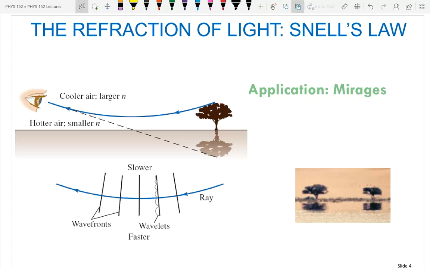I remember as a young sprout, like 6 or 7, we're driving across the Mojave and it's hot as blazes. And I look up ahead and I see water on the road. And I'm like, sweet, we're going to have a little cooler in here. And we drive on, and we don't get to it. It drives me crazy because I want to get to that water, and we never got to it.